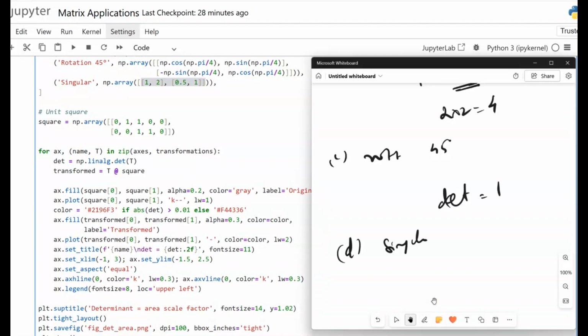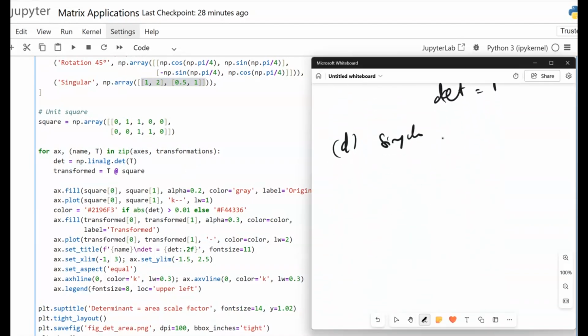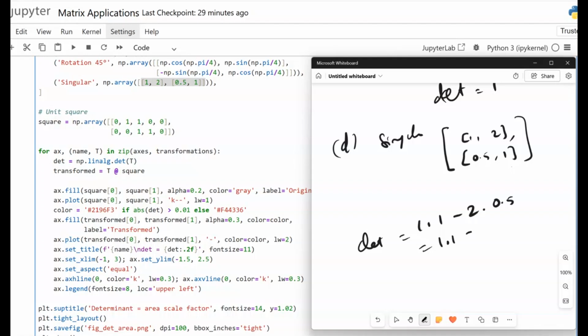If I compute the determinant for this, so this is the matrix exactly, the determinant is equal to 1 into 1 minus 2 into 0.5, which is 1 minus 1, that is equal to 0. So this matrix is purely singular. It collapses 2D space onto a line, that is 0 area.